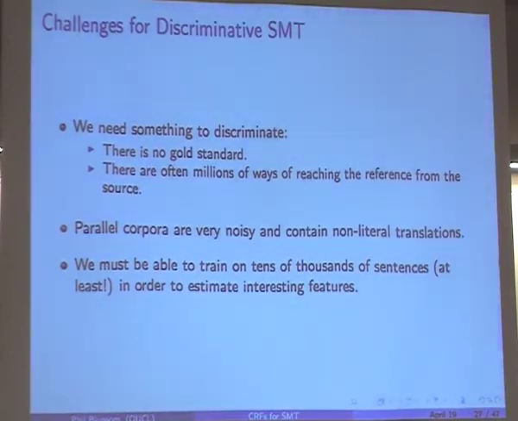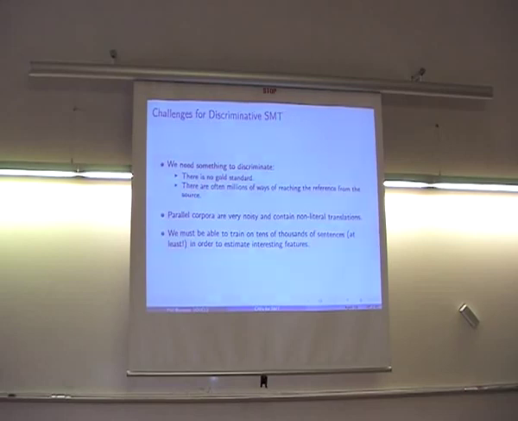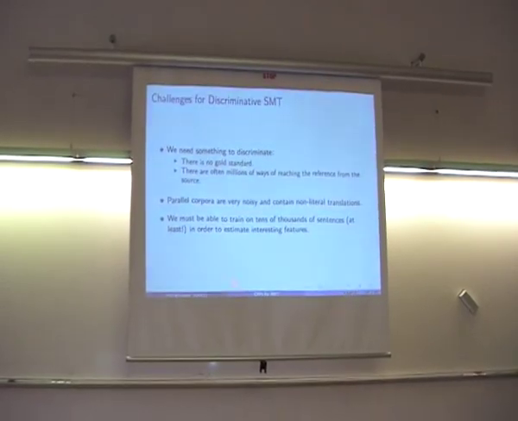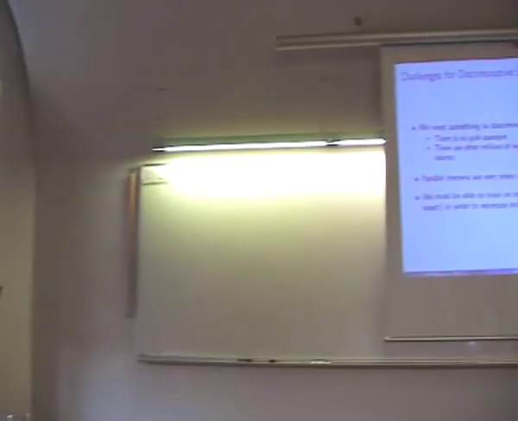Secondly, parallel corpora are very noisy. So often the sentences that we're training on aren't particularly literal translations of each other. There's all sorts of other noise in there, dropped semantic information and such. So any model we propose has to be robust. And finally, whenever we do these discriminative models, they tend to be resource intensive.